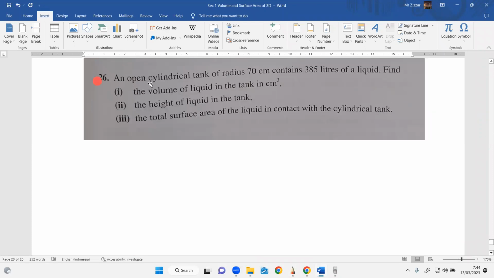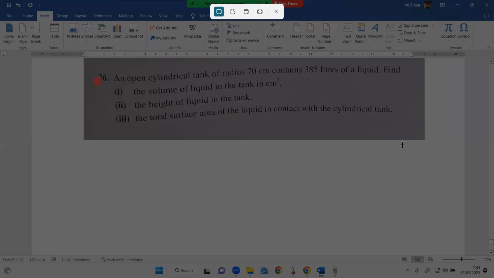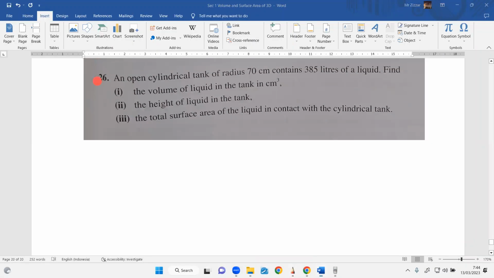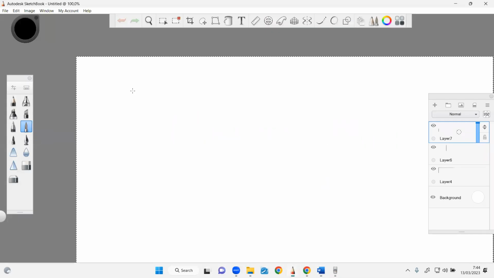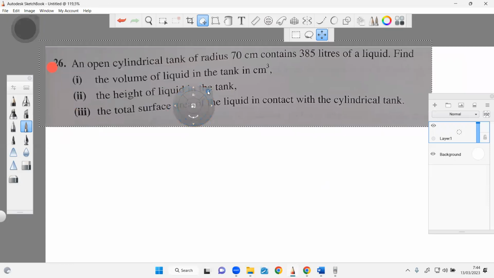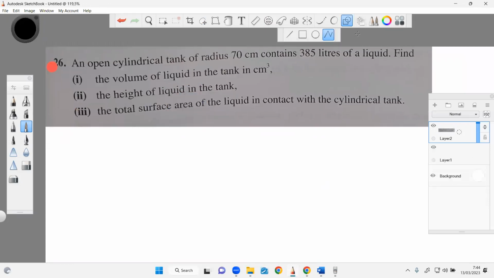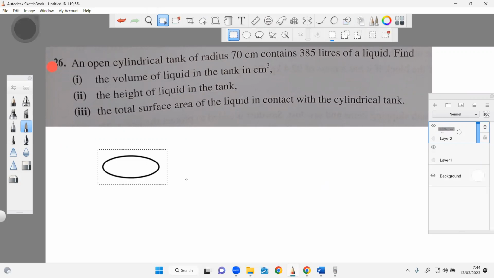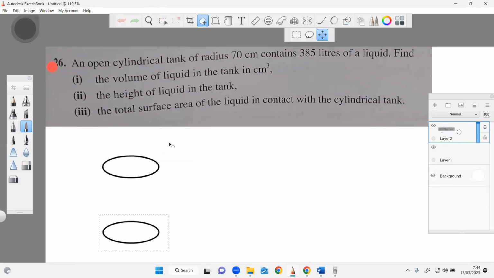26, last number, guys. Open cylindrical tank. So we have a cylinder, and make sure that the top of it is open.